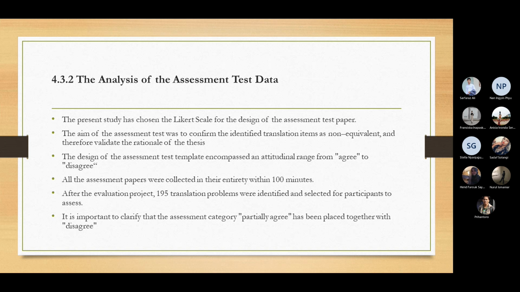There was also the option that it was not just whether you have to disagree or agree. There was also the option of partially agree, placed together with disagree. They might have different views not related to or opposed to agree and disagree. So this was also an optional option in the assessment test.